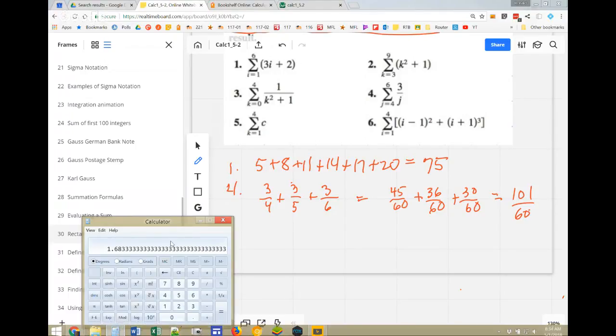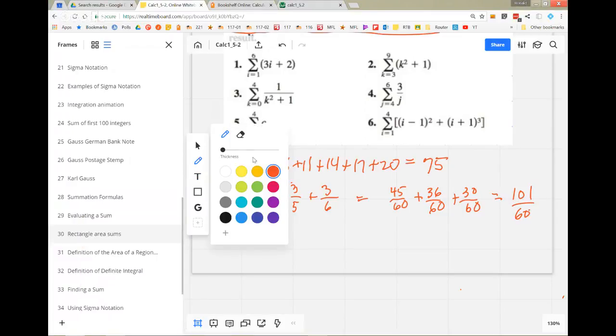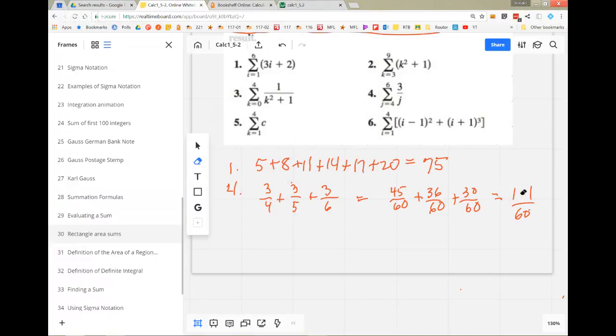Okay, I didn't get the correct answer. Let's check that out. The final answer should be 111. Thank you. I added wrong. So 45 plus 36 is 81. Yeah, 81 plus 30 is 111.